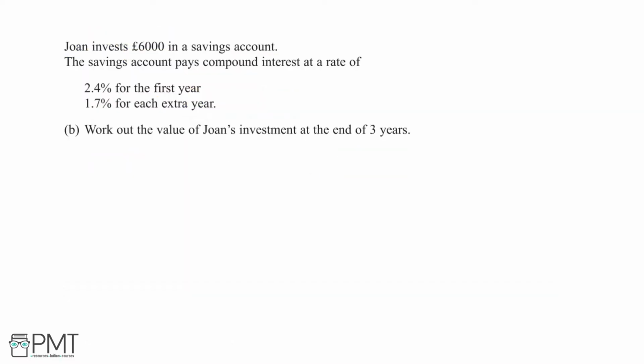We are then told Joanne invests £6,000 in a savings account. The savings account pays a compound interest rate of 2.4% for the first year, 1.7% for each extra year. Work out the value of Joanne's investment at the end of the 3 years, and this part is worth 3 marks.